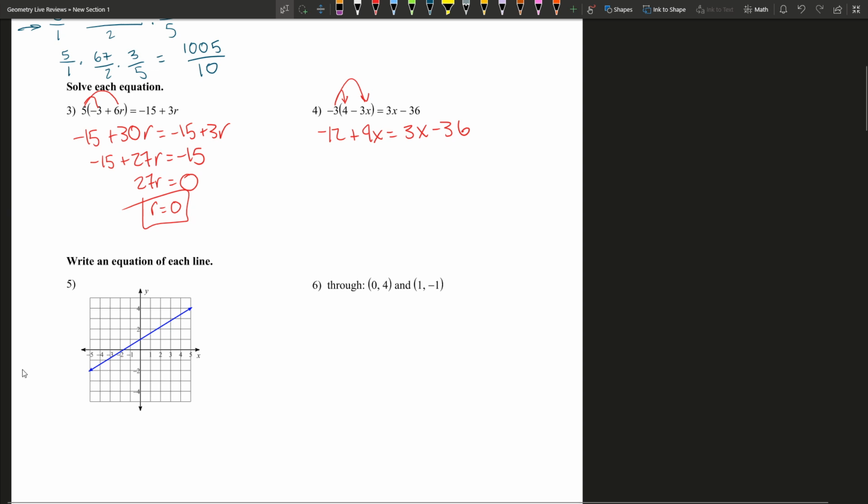And then I'm going to get all the variables on the left-hand side and all the constants on the right. So we subtract 3x from both sides to get 6x. Add 12 to both sides. And then divide by 6.